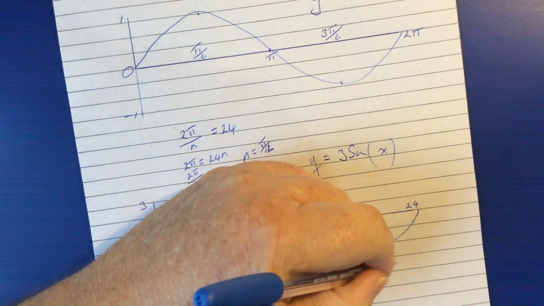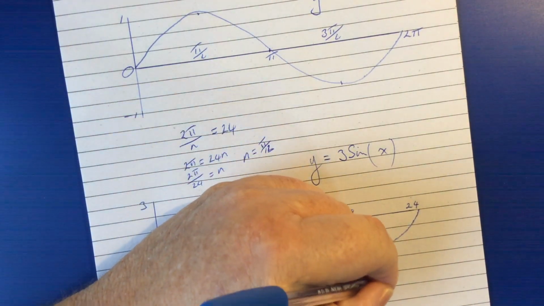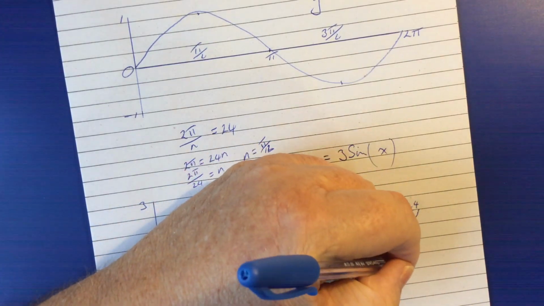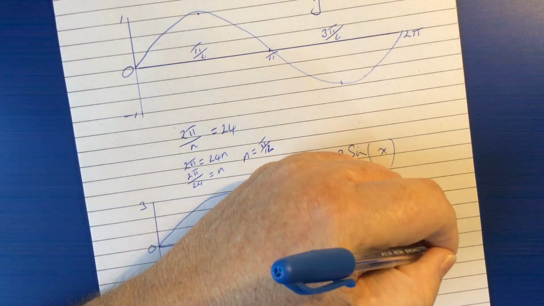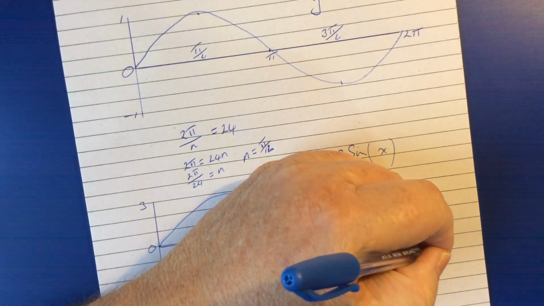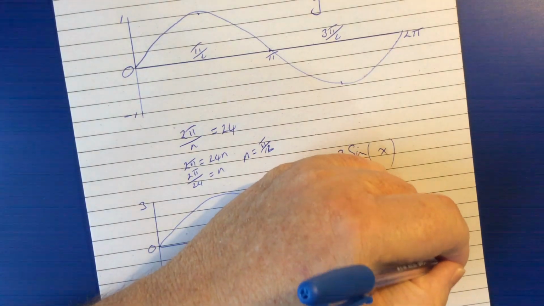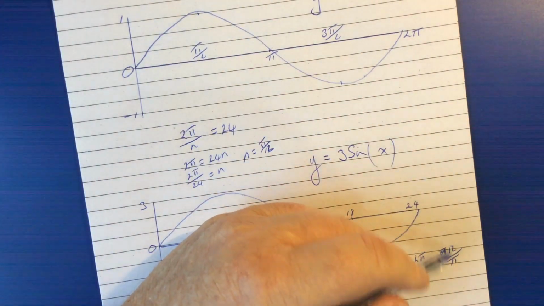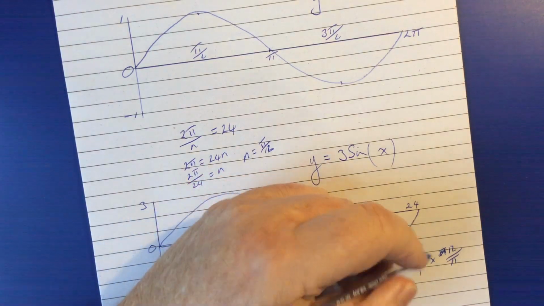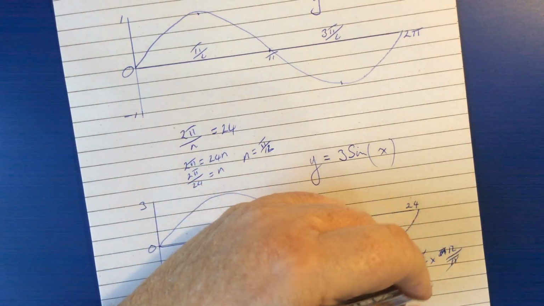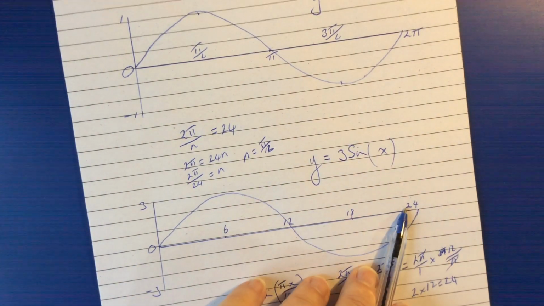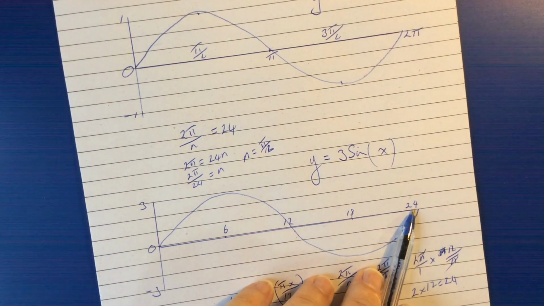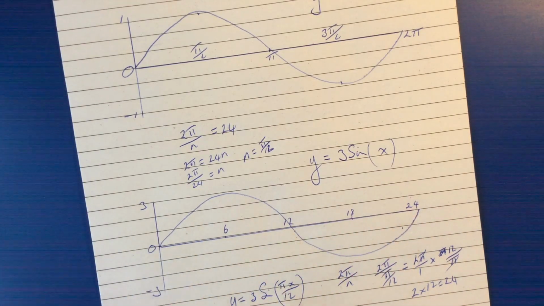So that's 2 pi on pi on 12, which equals 2 pi on 1 times 12 on pi. Got carried away there, forgot to invert this. Those two cancel, so we get 2 times 12, which equals 24. That is how we get to having the number 24 here, 18 here, 12 here, 6 here, 0 there. That's how we get whole numbers along here.